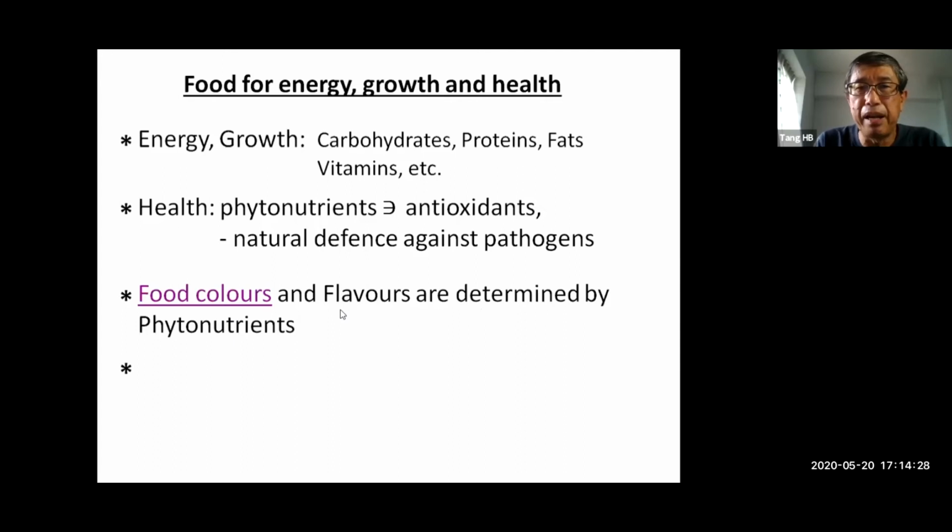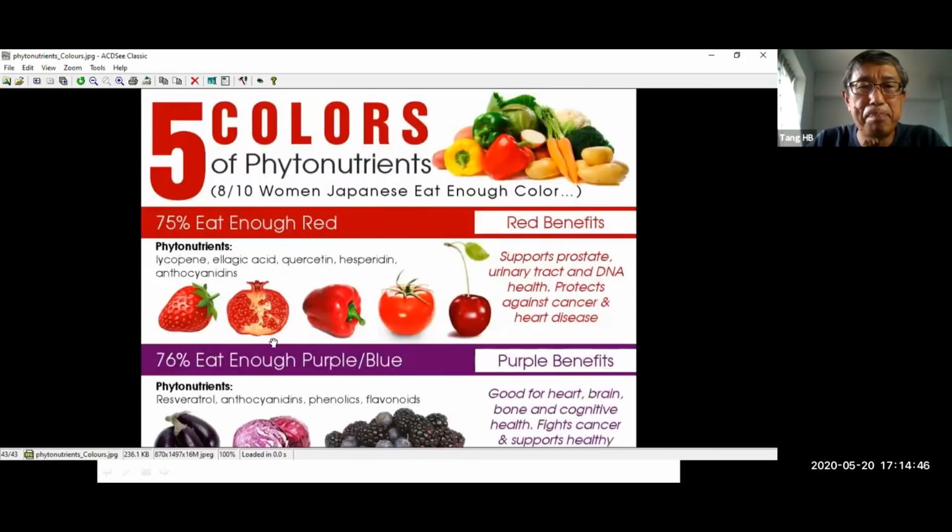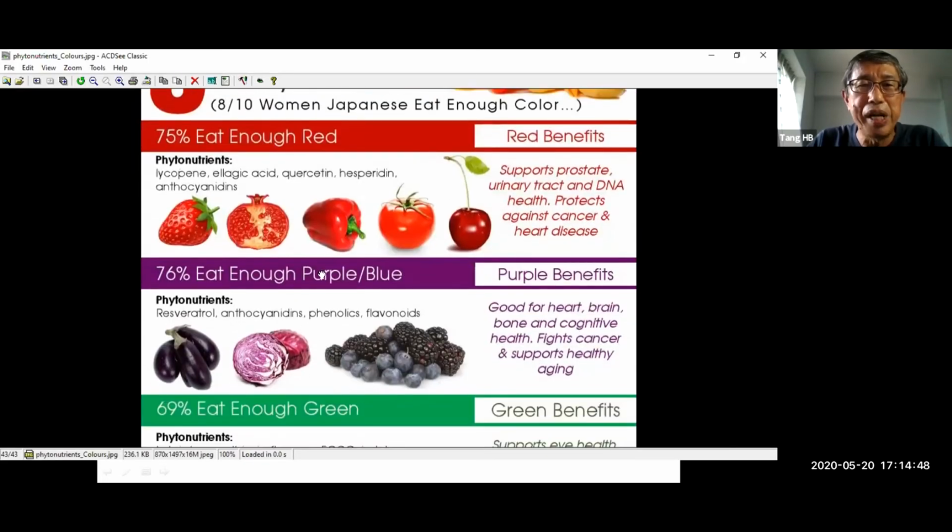And the phytonutrients in the plants determine the colors of the food and the flavors of the food. So that's why we are always advised to eat vegetables and fruits of different colors. I'll show you a picture here. Right. So you have red color, purple color, green, white, and so on.